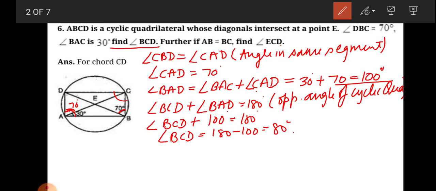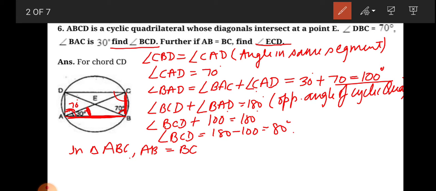Further, if AB is equal to BC, now in triangle ABC, we need to find the value of ECD. If in a triangle the sides are equal, then the opposite angles are also equal.